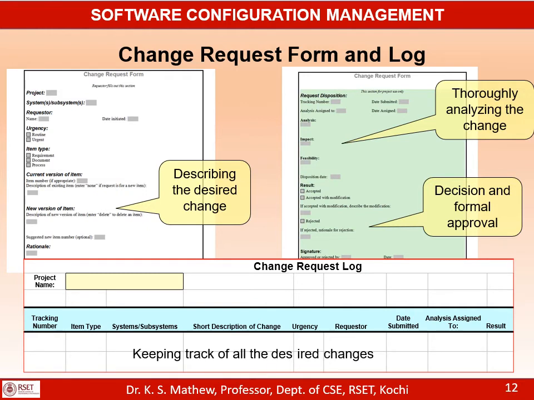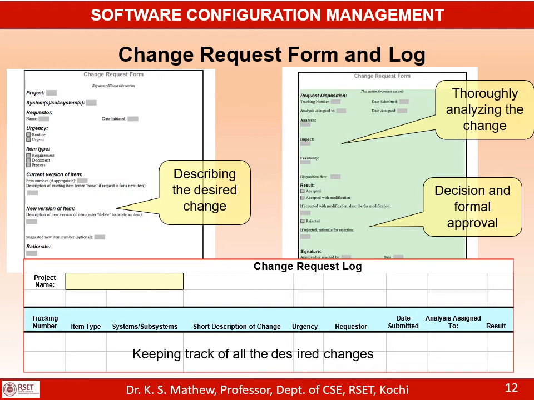On the left hand side, you have the details of the change request: the project or system where the changes are requested, the name of the requester, the date the change request was initiated, the urgency, whether it is a routine change or very urgent, and the type of change, whether it is a requirement change, a document change, or a process change, and the current version of the item number if appropriate.